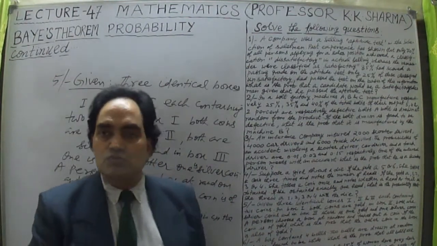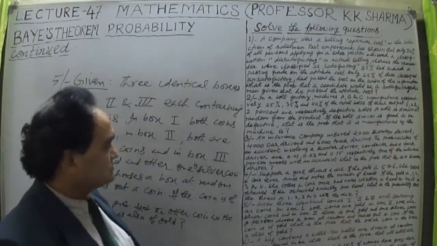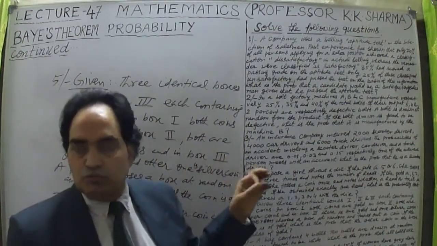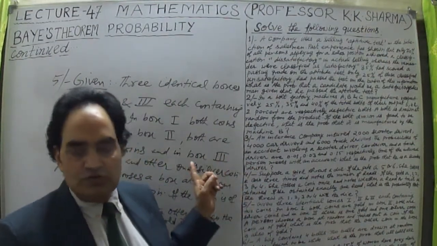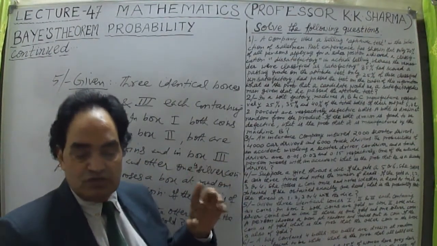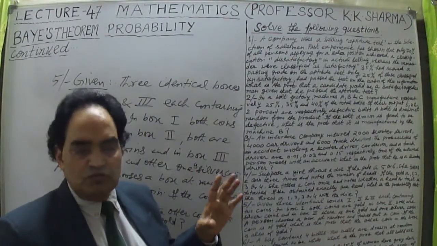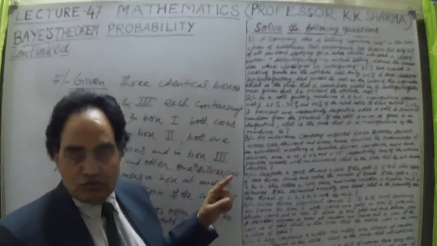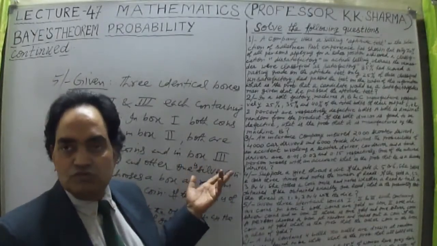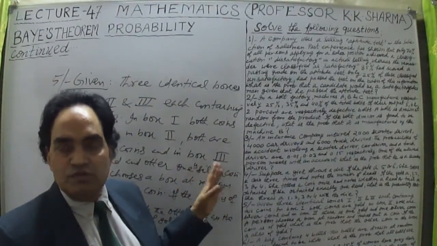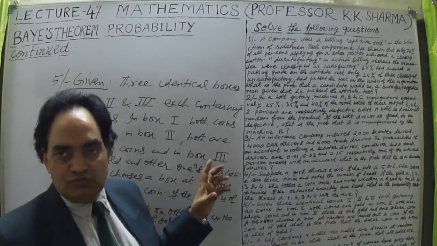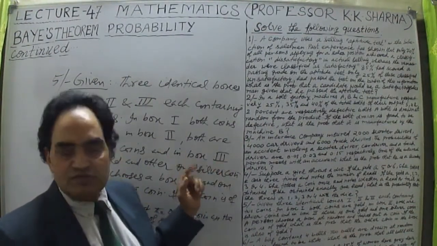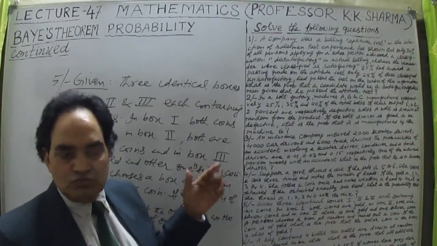So what is the probability of gold coins? For the first box, gold coins are 2 upon 2, which is 1. So the probability of getting a gold coin from the first box is 1. In the second box both are silver coins, no gold coins, so the probability is 0. And in the third box, 1 gold coin, so 1 upon 2.